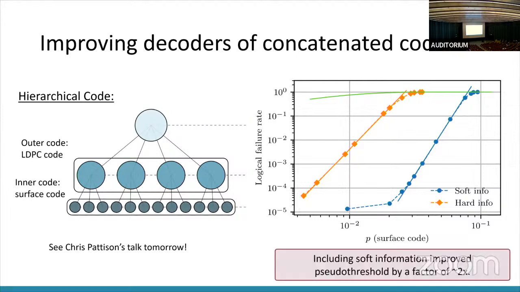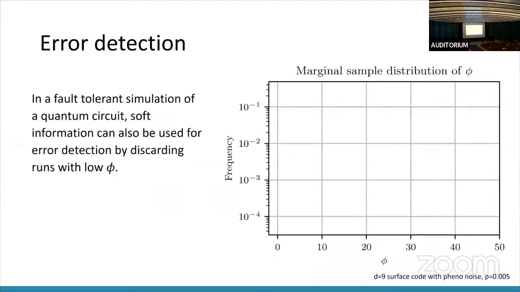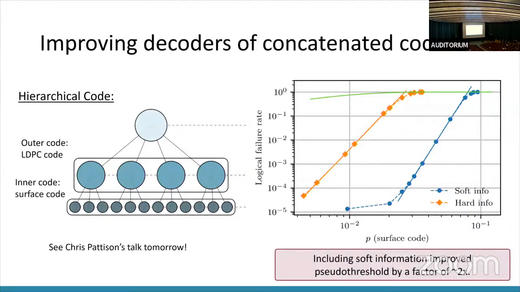But if we include the soft information, so maybe we return a logical failure with 10% or no logical failure with 100%, and pass that information through, that's where we get this blue line. Maybe you can't see it, but there are dotted lines to represent the pseudo thresholds, around here and around here. And so we can see that the pseudo thresholds improve by a factor of 2.